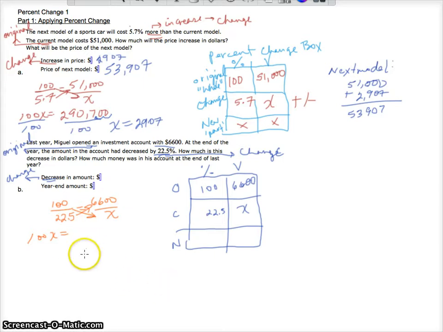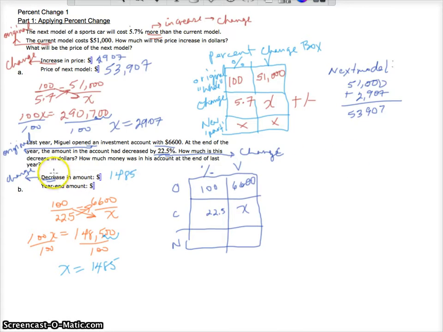And that equals 148,500. Now I can divide by 100 on both sides. That's going to slide my decimal down 2 spaces. So X is going to equal 1,485. So X is my decrease. So my decrease is 1,485.